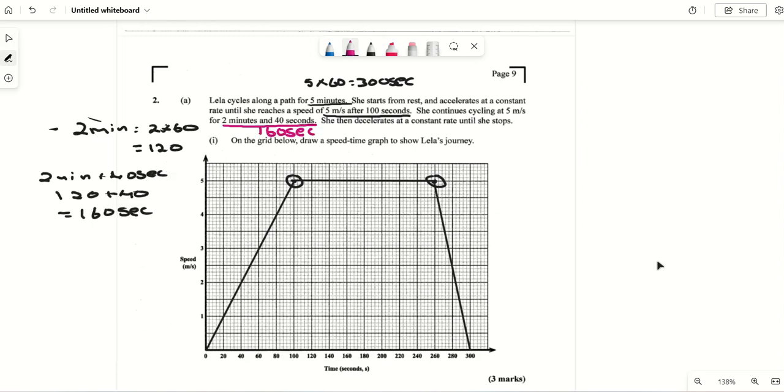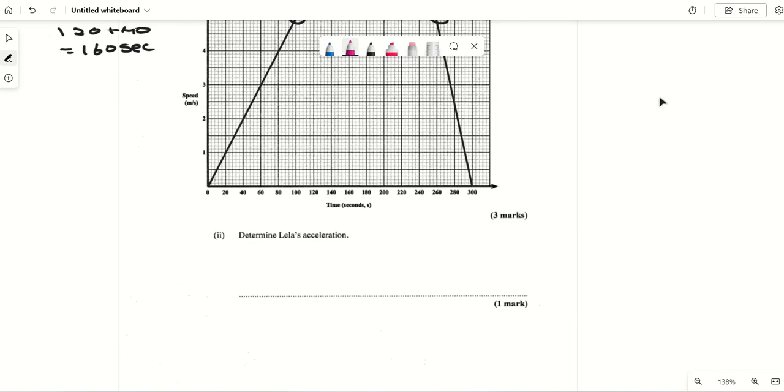Now we are going to go into the second part of number 2. Determine Leah's acceleration. When they ask for acceleration, it also means to find the gradient. So acceleration is equal to your gradient.